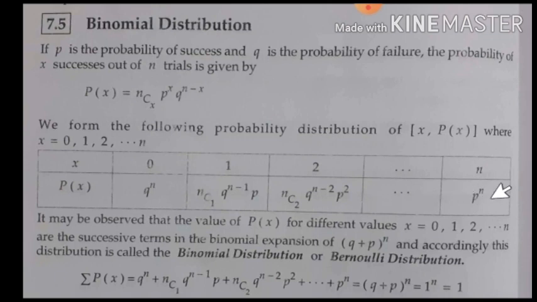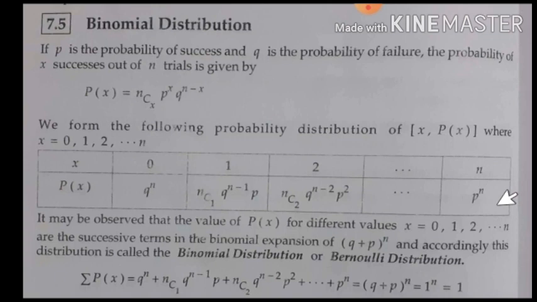And when you substitute x as n, nCn value is 1, p to the power of n, that is written in the table, and q to the power of n minus n is 0. q to the power of 0 is nothing but 1. So when you take x as n, the probability function will be left as p to the power of n.